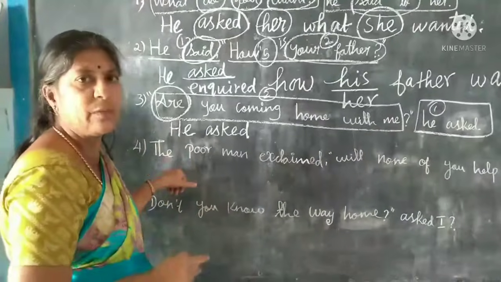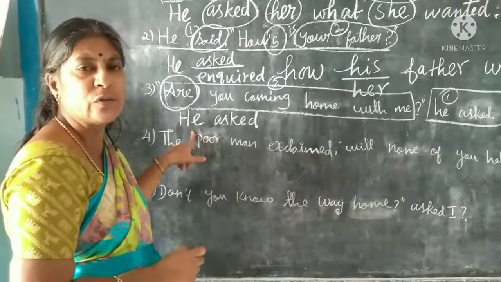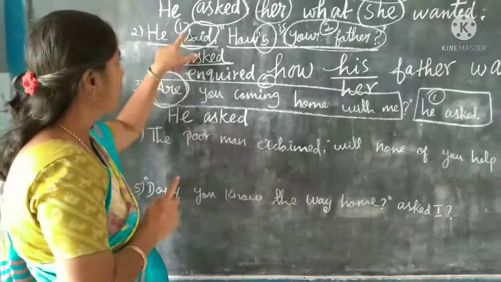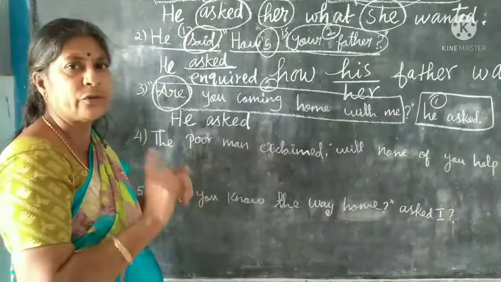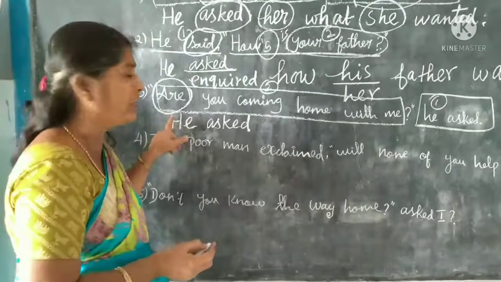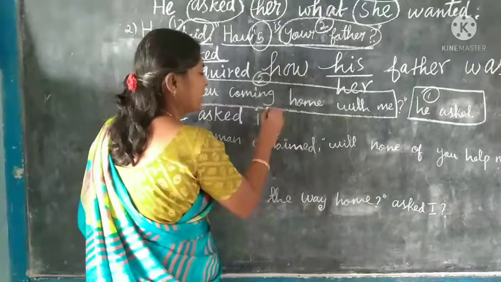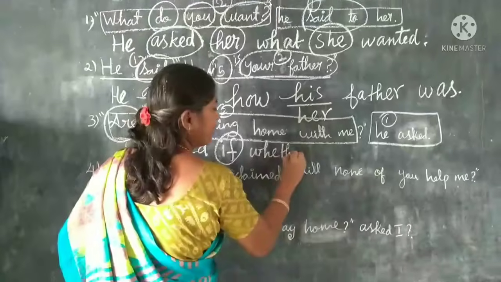If it is a verbal question, the question starts with a verb, which means you have to use a conjunction word. For WH questions, no conjunction word. Don't confuse. For a WH question, you should not write any conjunction word. But if it is a verbal question, you have to write the conjunction word, either if or whether. See the spelling for whether.